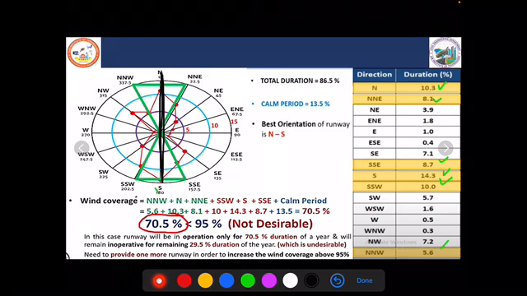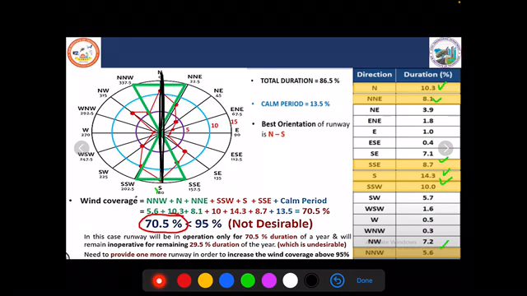In other ways, yes, you can have a runway in the north-south direction, but an additional runway has to be provided, such that when it is not possible to use the runway in the north-south direction, the other runway which has been constructed can be utilized during the crosswind components. Clear?